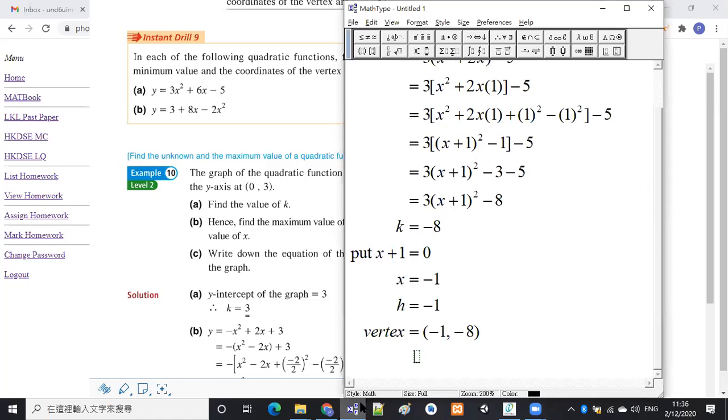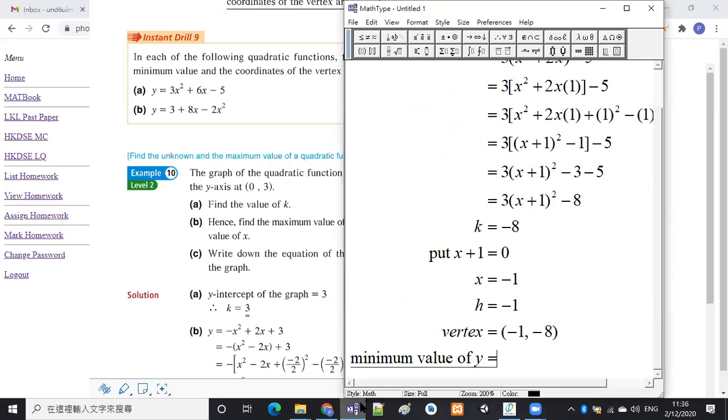Okay, and then for the maximum or minimum value, we need to see whether a is positive or negative. This time, a is equal to 3, positive. So the graph opens upwards, and then we have only a minimum point. So the minimum value of y is equal to the k value. So that's negative 8. Okay, so this is part A.